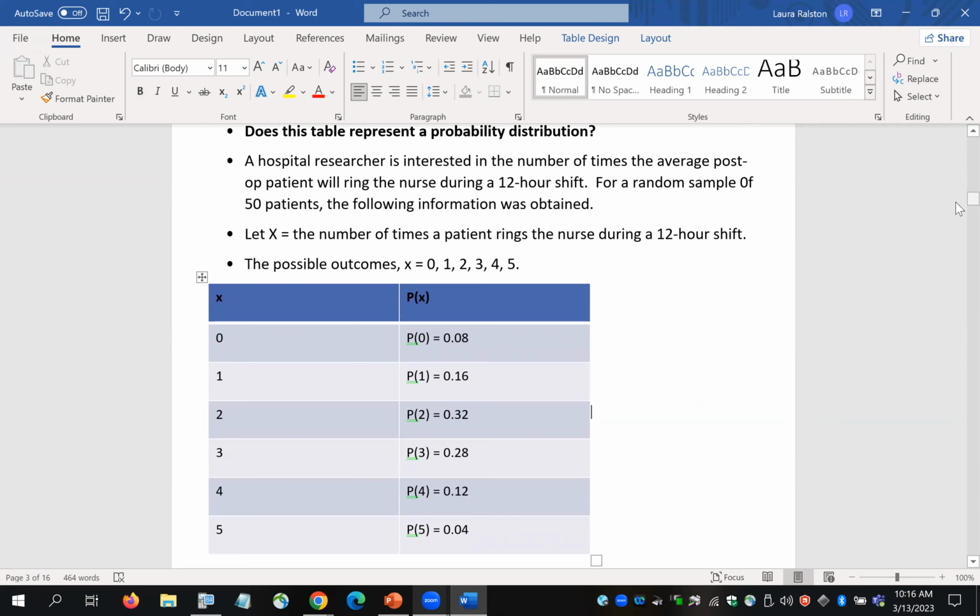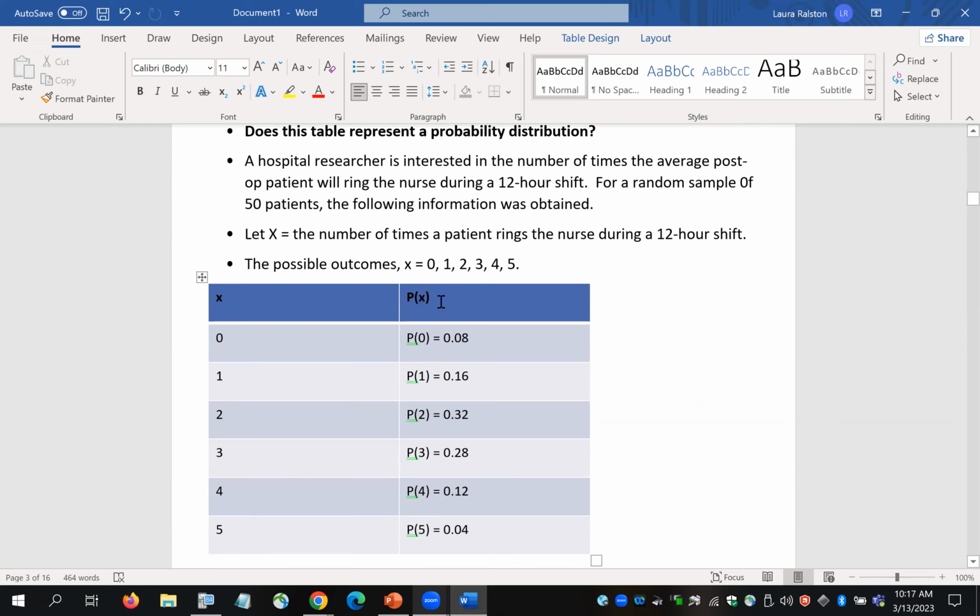For a random sample of 50 patients, the following information was obtained. The X, our variable, is the number of times a patient rings for the nurse in a 12-hour shift. And so we have the options: they ring 0, 1, 2, 3, 4, or 5 times.